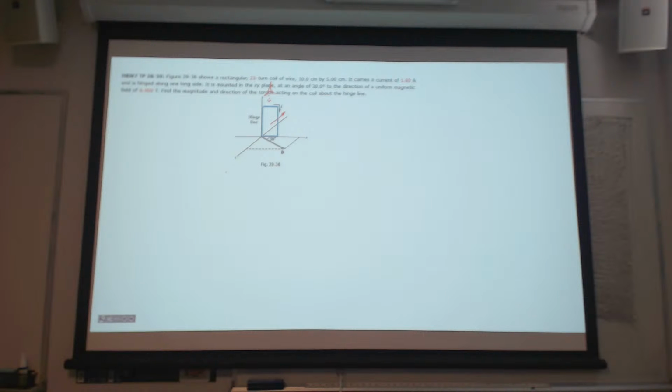You would see the top portion of the loop, and the current would be going towards the right. Yes, and what about vectors A and B? A represents the area vector and B represents the magnetic field. So the area vector is perpendicular to the loop.